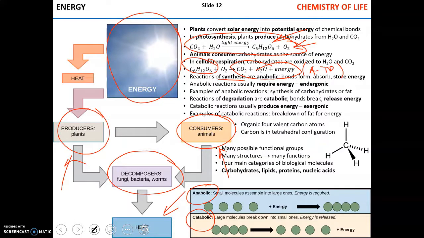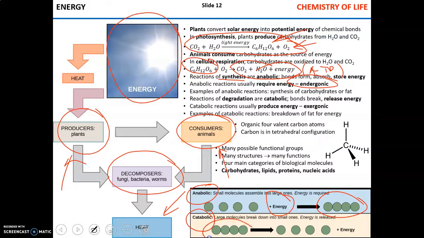So essentially, the product of an anabolic reaction stores energy, but since it stores energy, these reactions require energy, and thus they are called endergonic reactions. Examples of such reactions are the synthesis of triglycerides, the fat, or synthesis of carbohydrates or proteins.